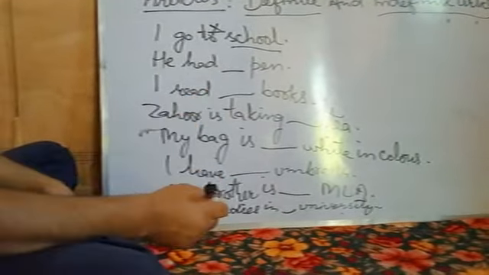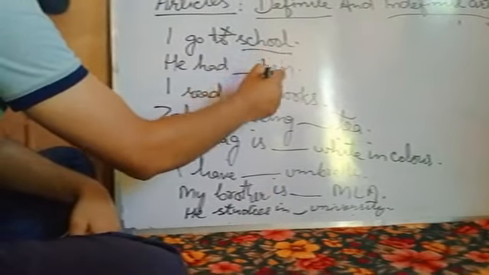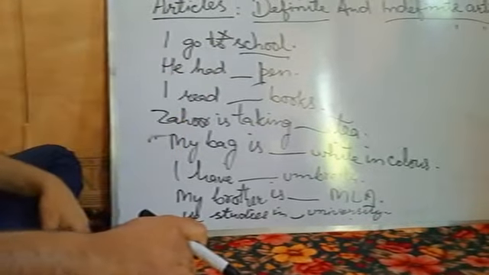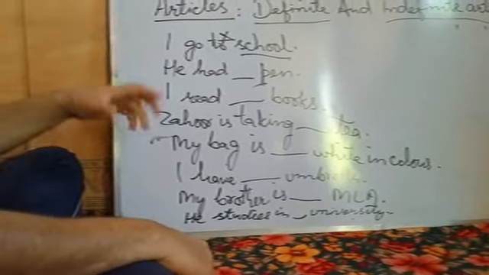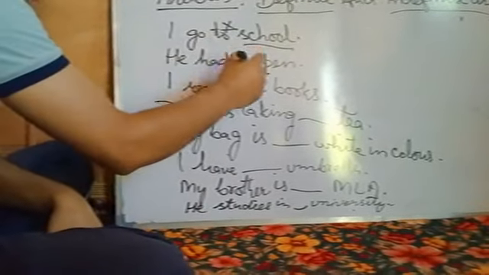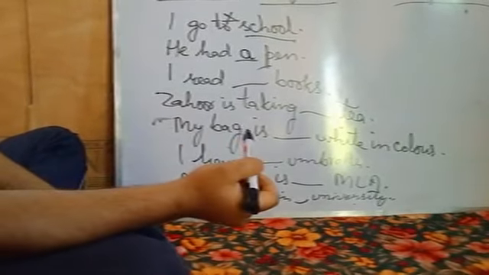He had dash pen. Pen, p. It gives the sound of a consonant; p is a consonant in structure, and it also gives a consonant sound. Here we had to use a. He had a pen. I read dash books.